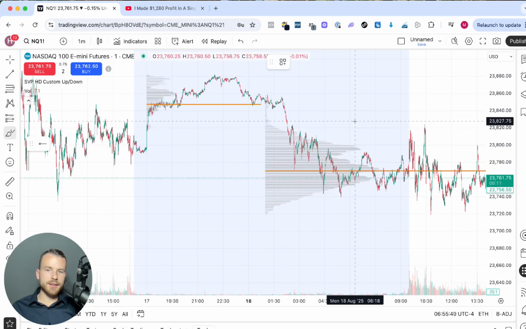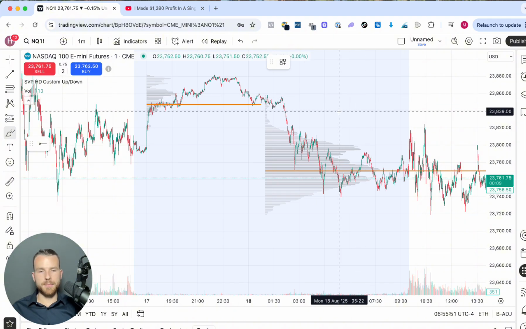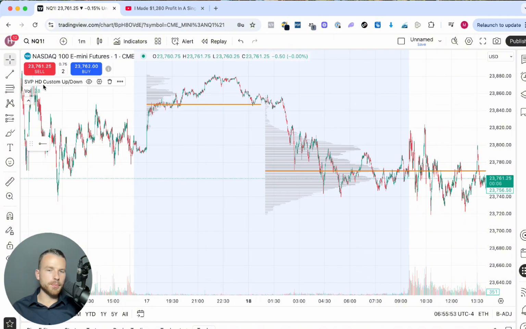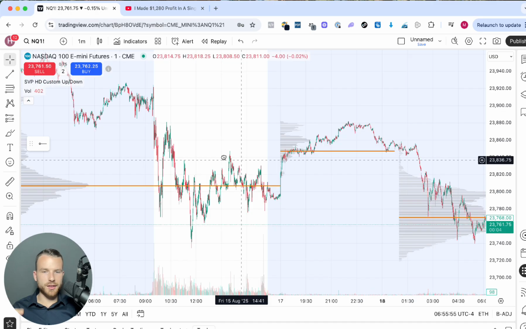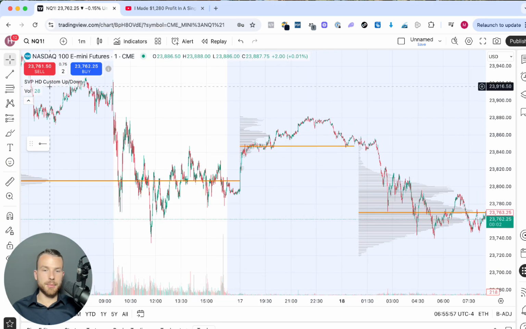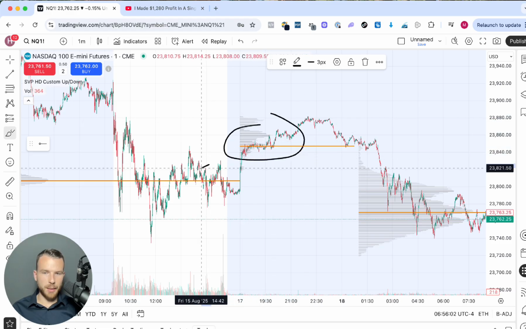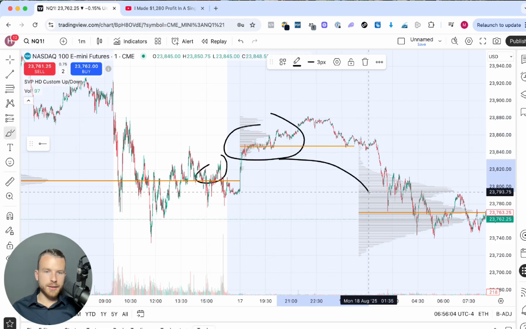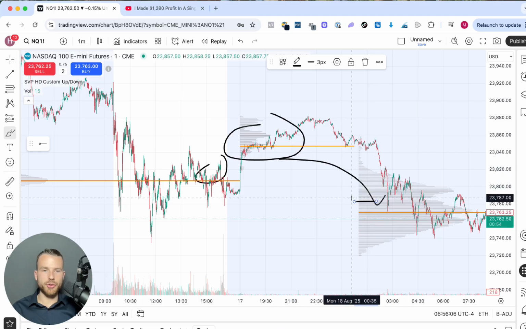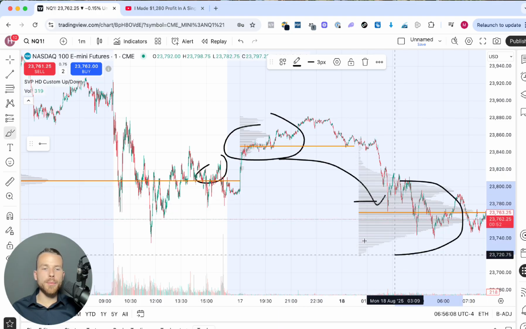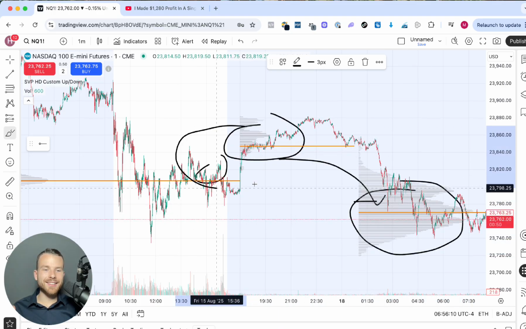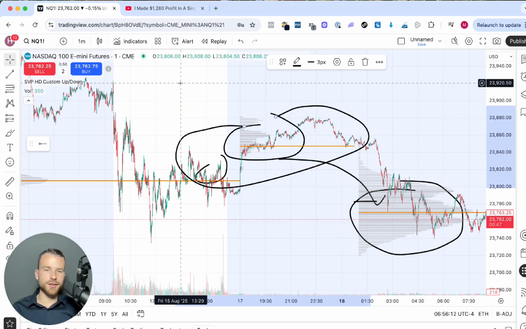You see the overall volume, where is the overall volume building compared to the previous day? So in this example here, yesterday we traded higher and most of the volume was up here. But today the market is trading below that range. And it's telling us that lower prices are starting to get accepted compared to last day's trading.